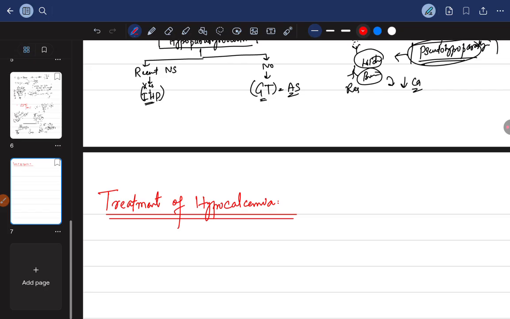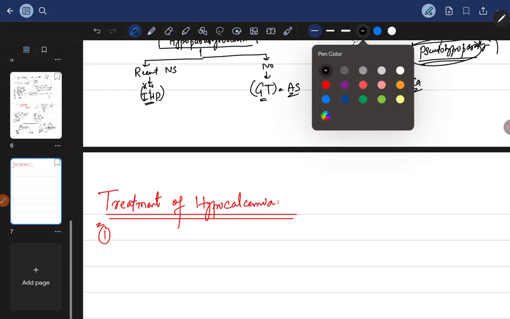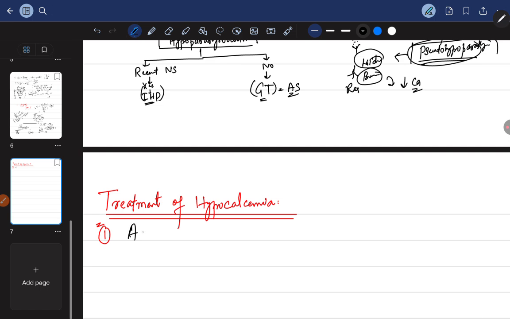Whenever there is a case of hypoparathyroidism, you have diagnosed it and there is hypocalcemia. Whenever there is acute hypocalcemia, what happens?